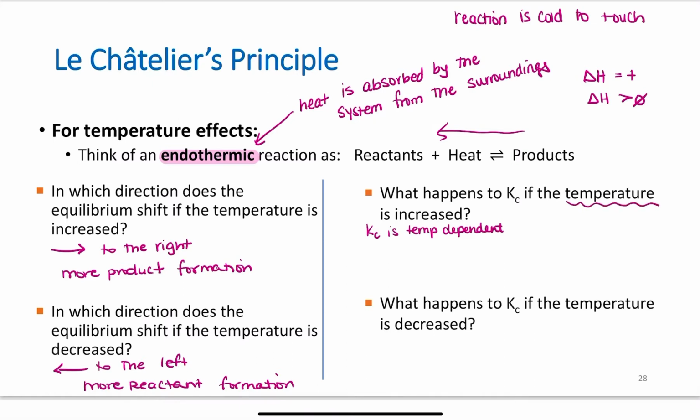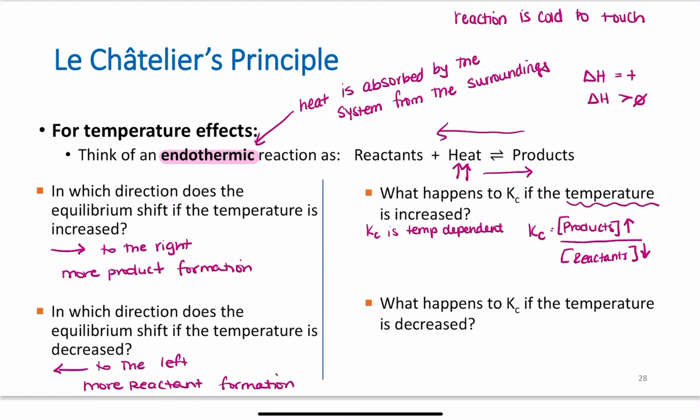If the temperature is increased, we've just established that I'm going to form more product. So my concentration of products is increasing. In order to do that, my concentration of reactants must decrease, right?